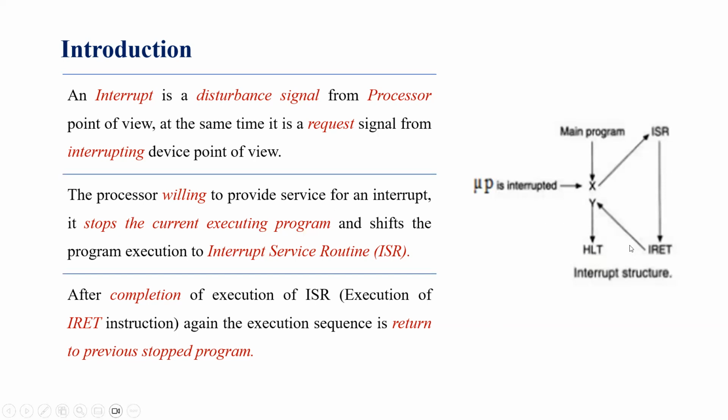How can we identify that it successfully completed the interrupt service routine? By execution of its last instruction, that is IRET. In some other processors, the instruction may be RETI, which indicates return from interrupt service routine. Once it executes that instruction, it returns to the previously stopped program.